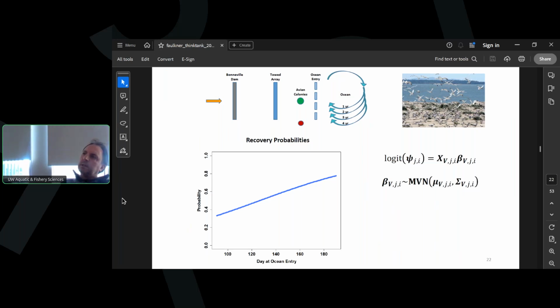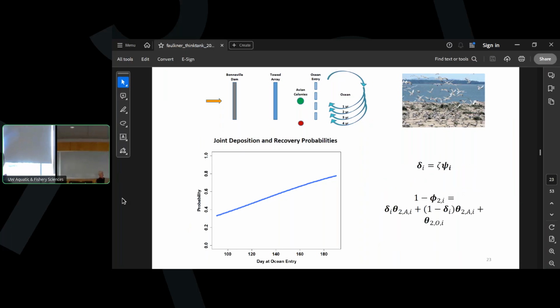That makes it less likely to be recovered. So the closer you are to the fall, when they do the surveys, the more likely the tag's going to be recovered. It's interesting, they go out every year and they recover tags. They're still recovering tags from 10, 15 years ago that were never detected before. So it's not perfect. Okay, next one.